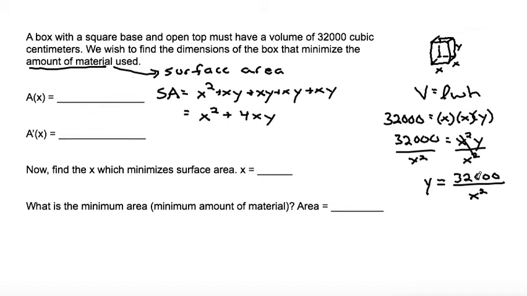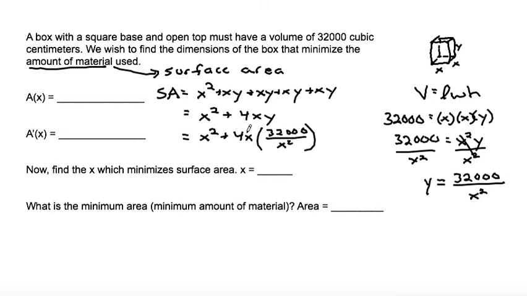But we determined that y is equal to 32,000 over x squared. So let's substitute 32,000 over x squared for y, which gives us x squared plus 4 times x times 32,000 over x squared.